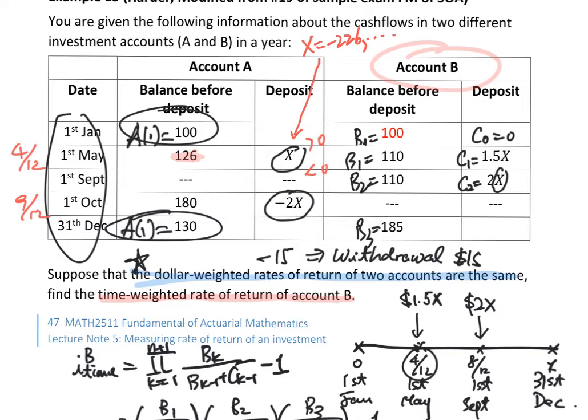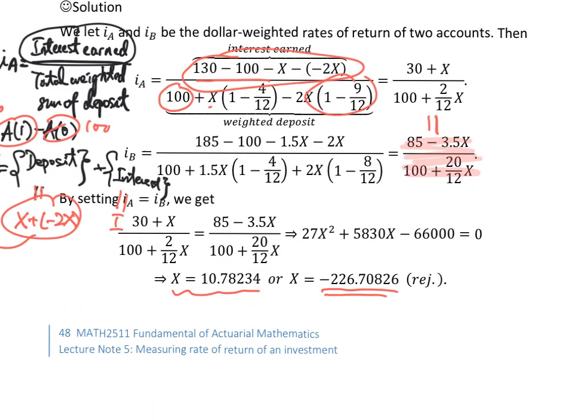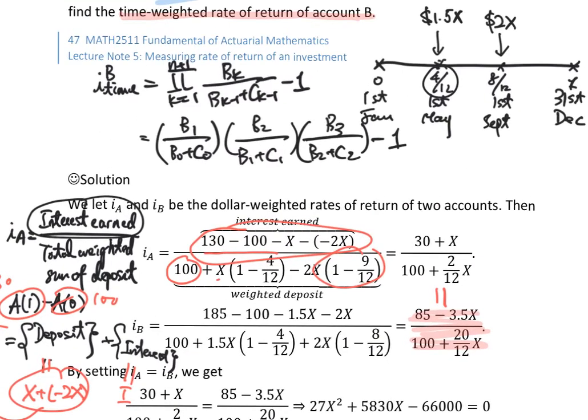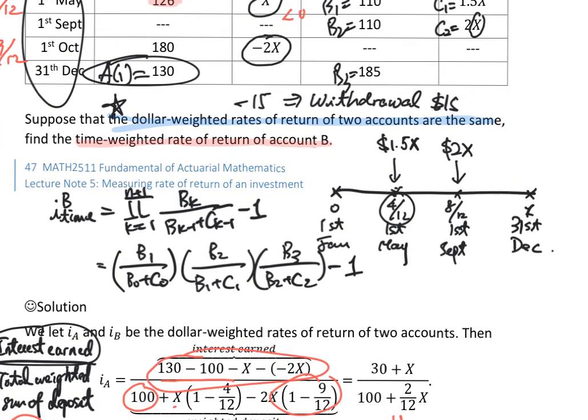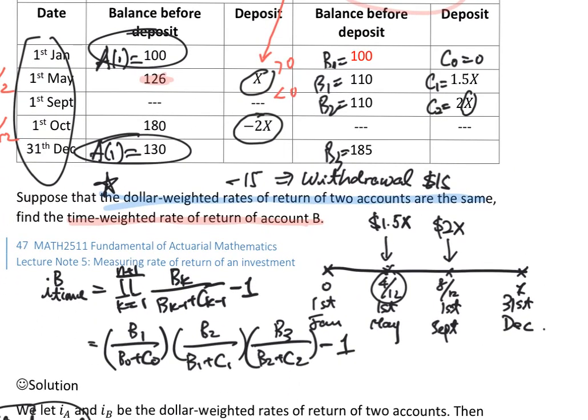Because of this inconsistency, the S cannot be equal to minus 226, and because of that we reject the second one. So this is how we find the S. Once you got the S, you can punch it into this formula.